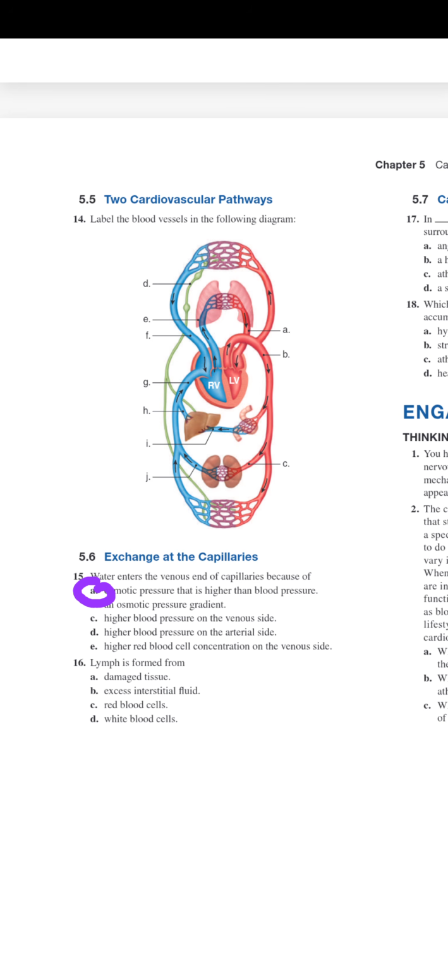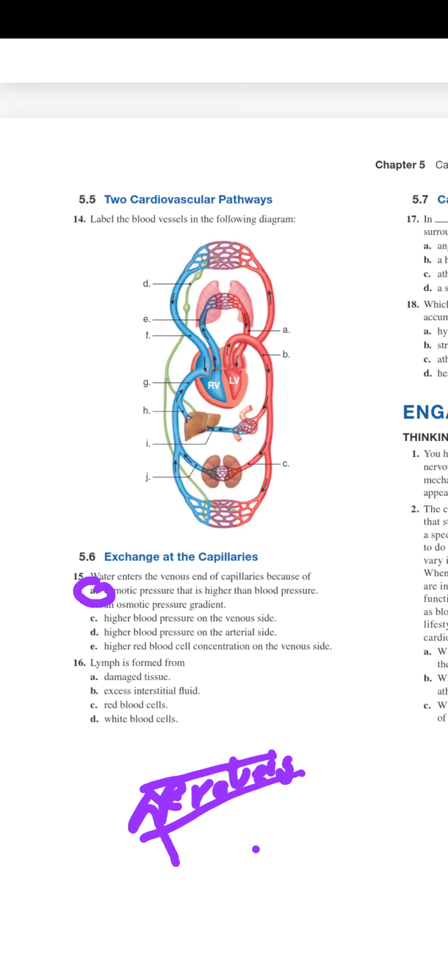Due to the size of the capillary, proteins and big salts cannot diffuse out, so they decrease the water potential. And osmosis is the movement of water from a region of high water potential into a region of low water potential.